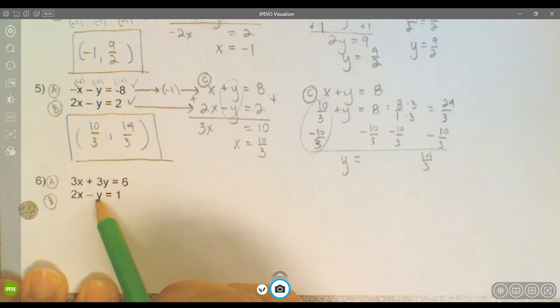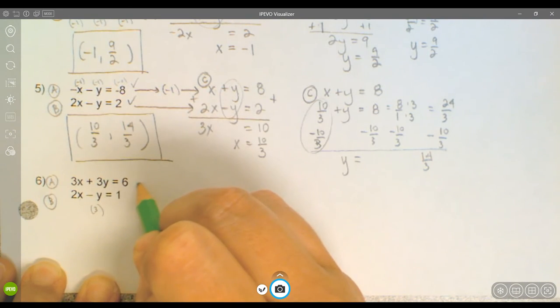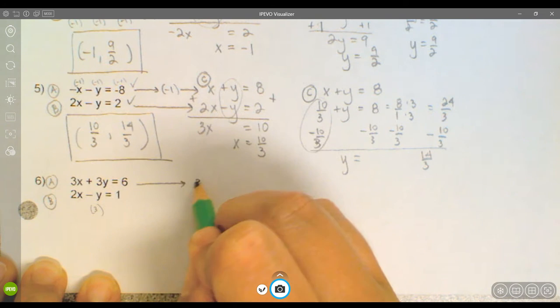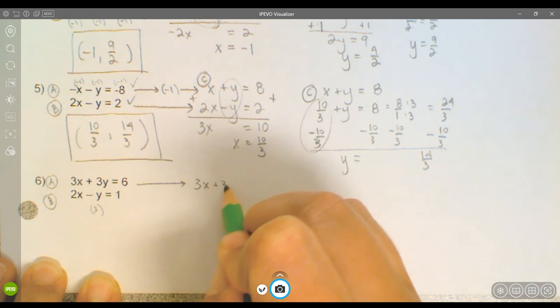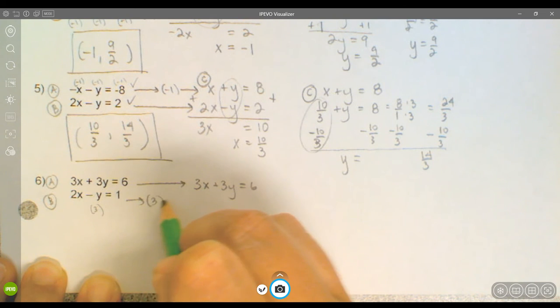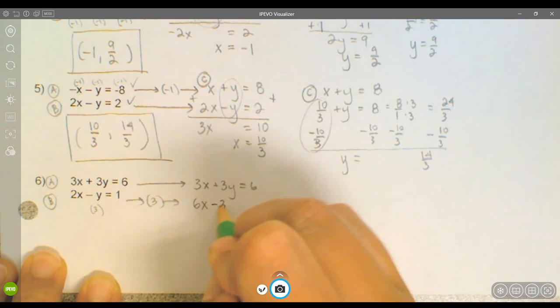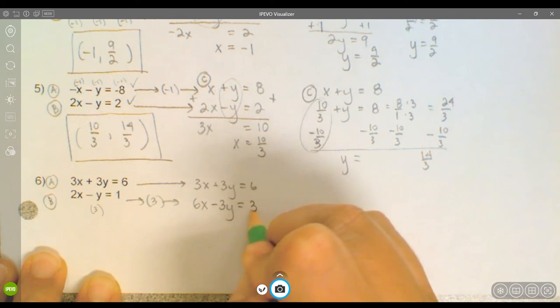Nope. Can I turn negative y into the opposite of, yeah, this one, by multiplying by 3. So my top equation is going to stay as is. My bottom equation will get multiplied by 3. When I do that, I get 6x minus 3y equals 3.